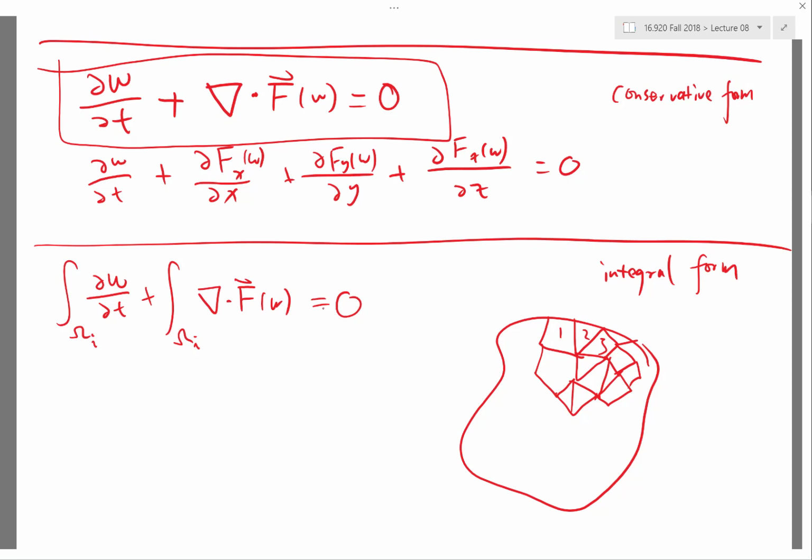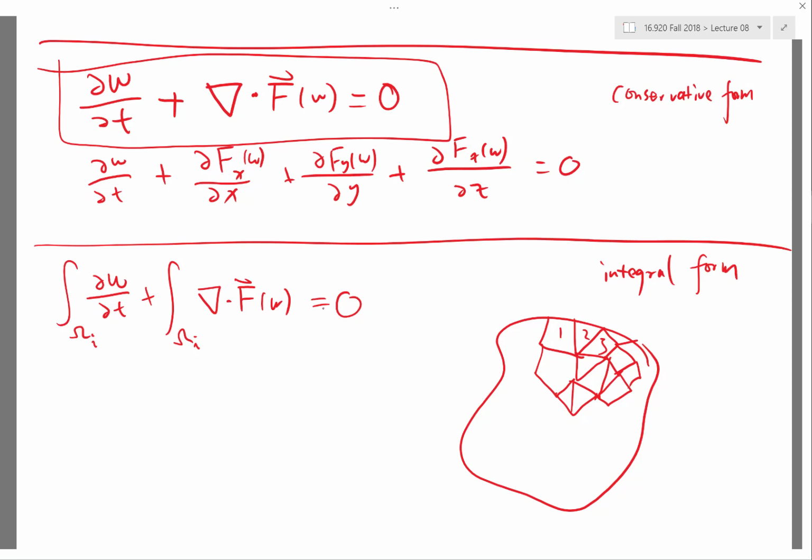So in mathematics, the integral form is called weaker than the conservative form. Weaker means if a solution is a solution of the integral form, it does not have to be a solution of the conservative form. But if it's a solution of the conservative form, then it has to be a solution of the integral form. So it's one-way.